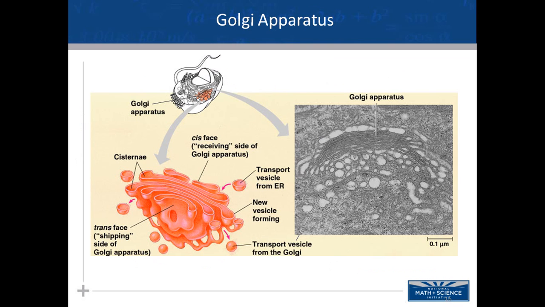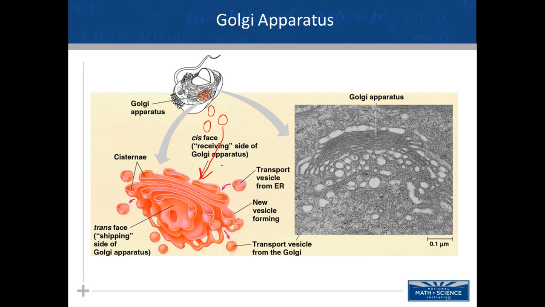Now, the next organelle is the Golgi apparatus. And the Golgi apparatus, to me, looks like a stack of pita bread, if you will, or pockets of pita bread. And there are going to be vesicles that have proteins inside, and they'll come off of the endoplasmic reticulum, and they're going to be transported or attracted to the Golgi apparatus.